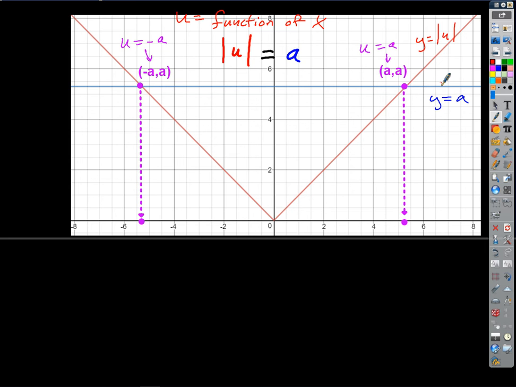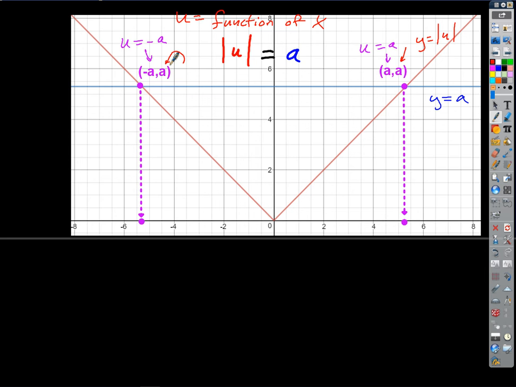If this is the line y equals a, for this value to cross it, it needs to have a y coordinate of a. Just so happens, because it's a V, because it's an absolute value function, the x coordinate, or the u coordinate in this case, is a, right? If I go back the other way, in order to have a y coordinate of a, I've got to go back horizontally a distance of negative a, right?